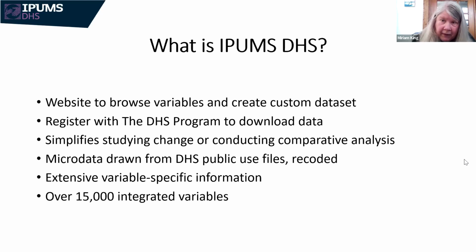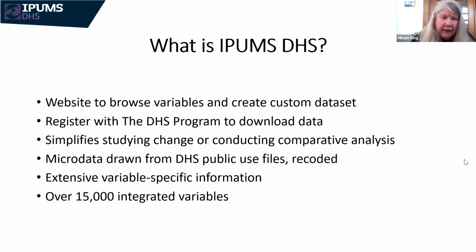So the codes that you might see in the original DHS public use files are often different in IPUMS DHS, because we have to encompass the full range of samples, not just one sample at a time, but have codes that will take into consideration all the samples that come into our purview. So there's by no means a one-to-one match between what's in the original DHS files in terms of codes and what's in IPUMS DHS, but the source material is the same.